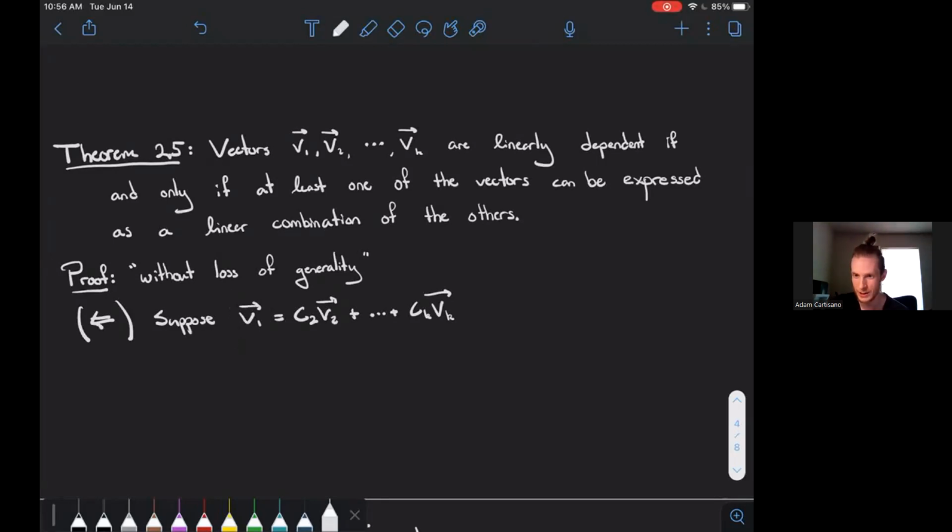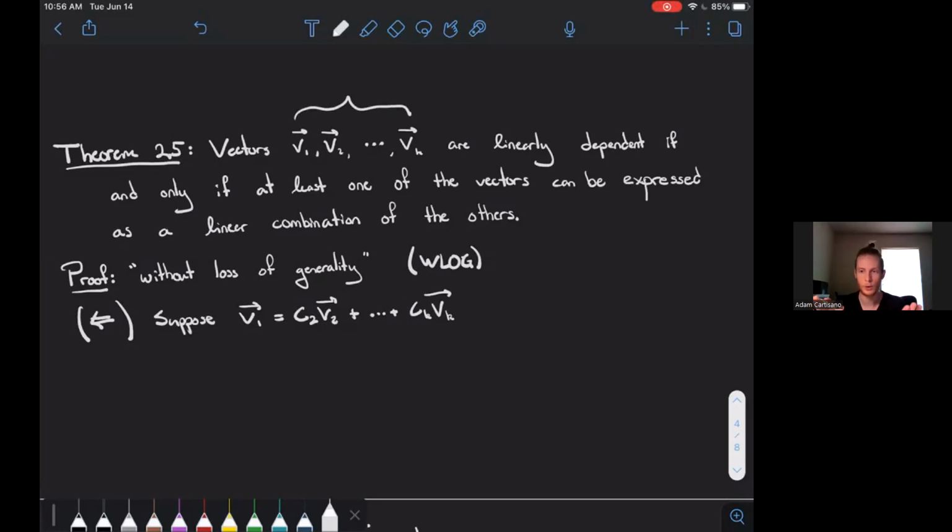You should be suspicious of what I'm doing here. What I'm doing is a logical shortcut. We call it without loss of generality. In fact, it's such a nice thing you will often hear people say "WLOG," without loss of generality. The idea is the argument that we're about to employ works whether it was v1, v2, or vk. In fact, this set is just a collection of vectors.